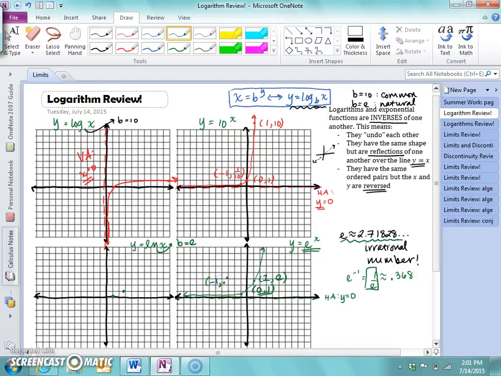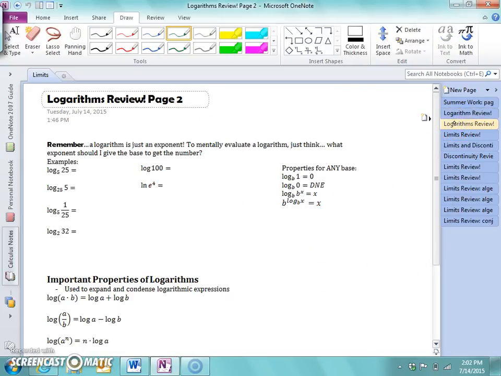I don't really know what that is off the top of my head. It's 0.368. So that means I'm going to have 0.368, negative 1. Again, I have a vertical asymptote that it's going to level off at. And here's my vertical asymptote, x equals 0. There's my vertical asymptote.